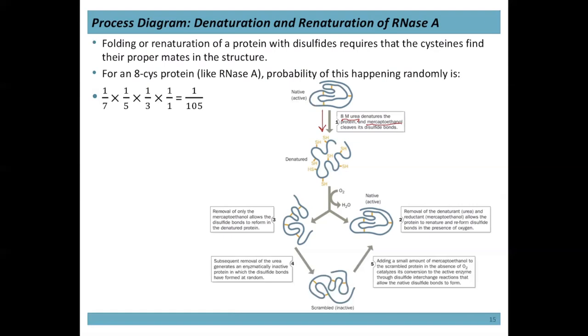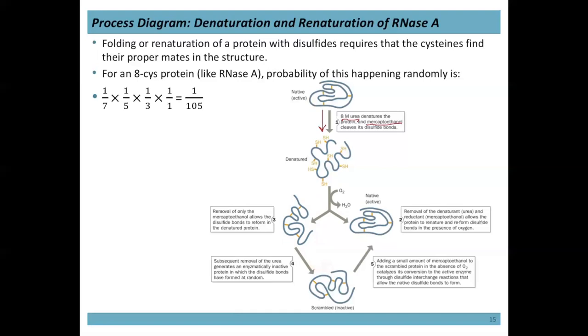And he actually found that when he removed the mercaptoethanol and just allowed the disulfides to form, he did get a little bit of functional protein, but only about 1%. And that is because the disulfides just formed randomly. So then he removed the urea, and again, only about 1% of the protein was actually folded up correctly.